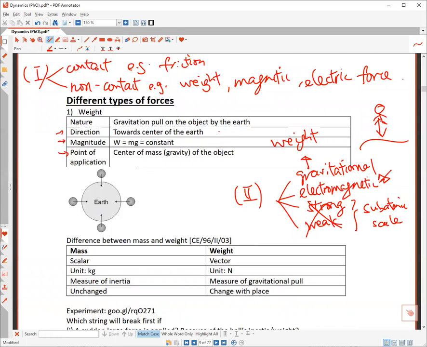When we say by the Earth, it means the entire Earth is attracting you. This is the attractive gravitational force acting on the object by the entire Earth. The direction is always towards the center of the Earth, and then the magnitude of the weight.